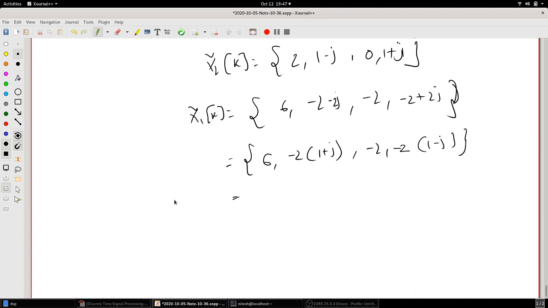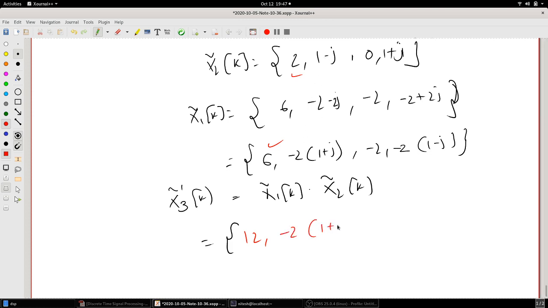So when I do a one-to-one multiplication, let's say x3 prime tilde of k, which is x1 tilde of k into x2 tilde of k, what I will get is 6 into 2, which is 12. Then minus 2 into 1 plus 1, so this is 0, and this is minus 2 into 1 plus 1 again.